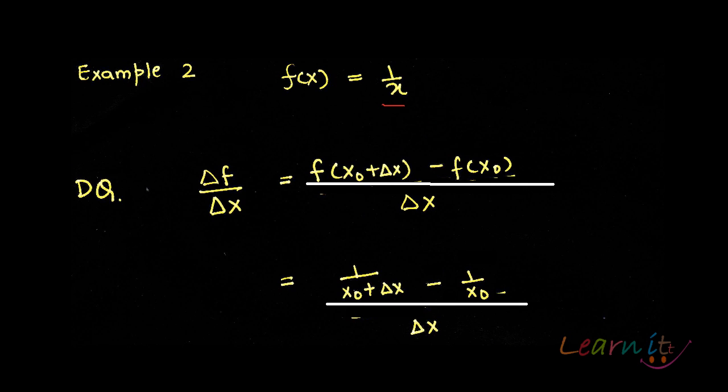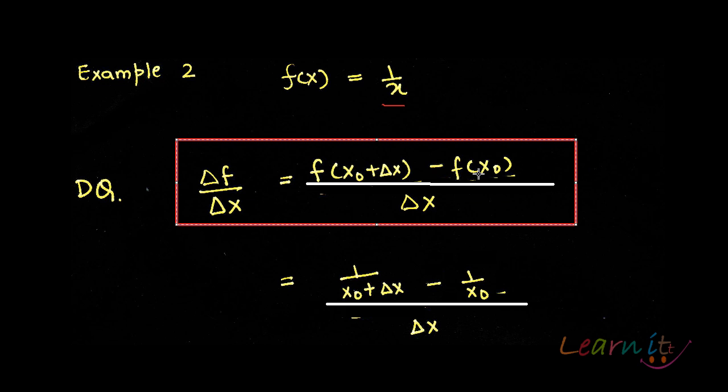So now look at the calculus of it. Using first principles again, first of all, what do I need to know? I need to get the difference quotient. Once I have the difference quotient, I just have to plug in the values of f. Now f of x naught equals 1 upon x naught.